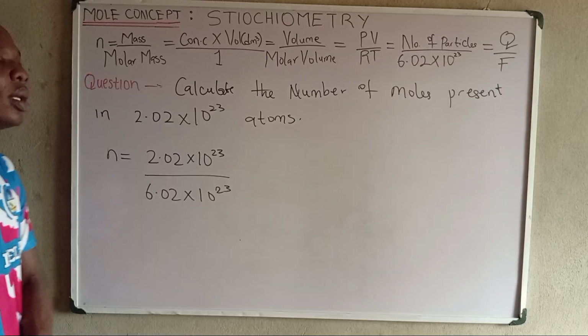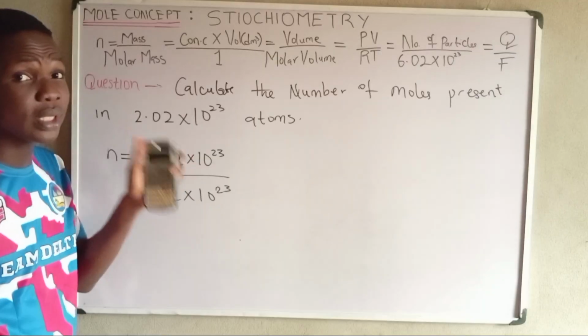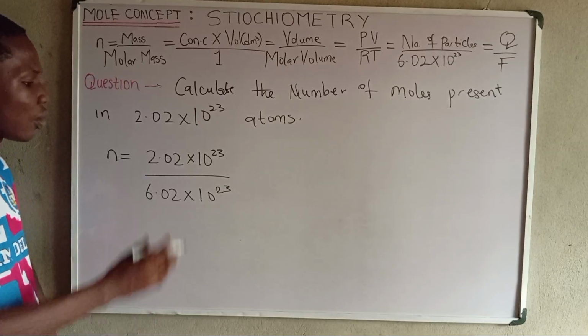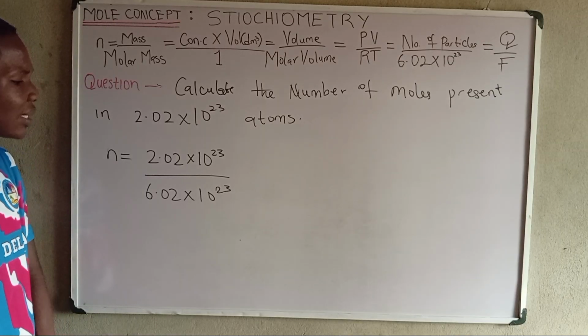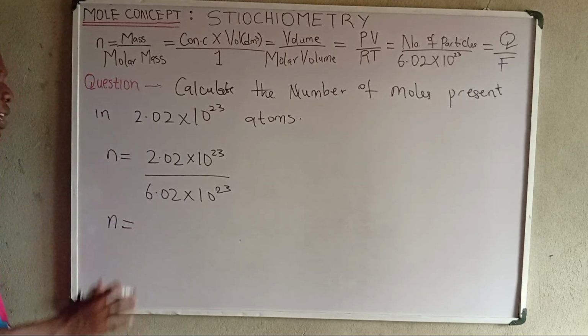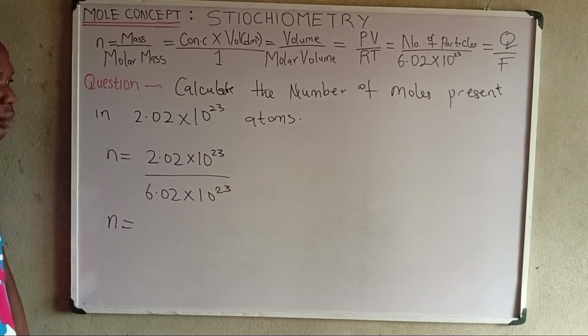Now your JAMB calculator might not have the features in which this guy has. So now you have to be smart. You have to calculate this thing on your own bit by bit. Now first calculate this part before you calculate this part.